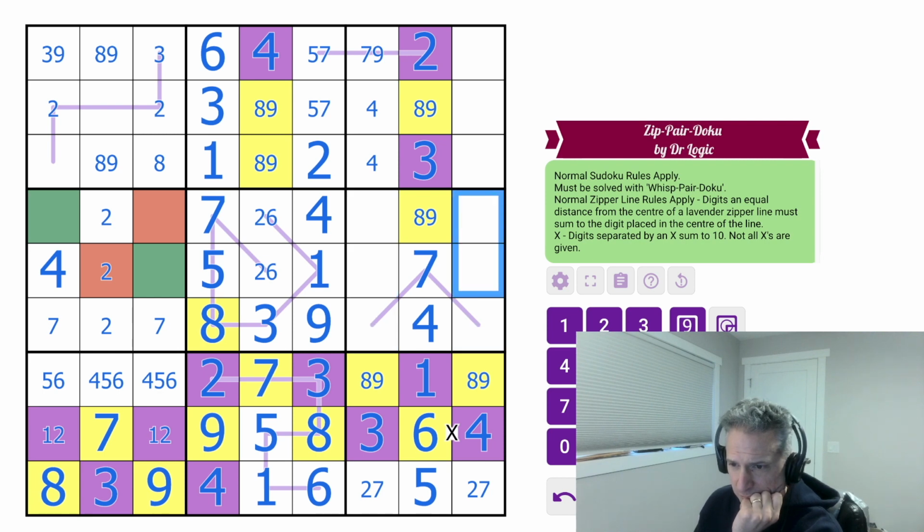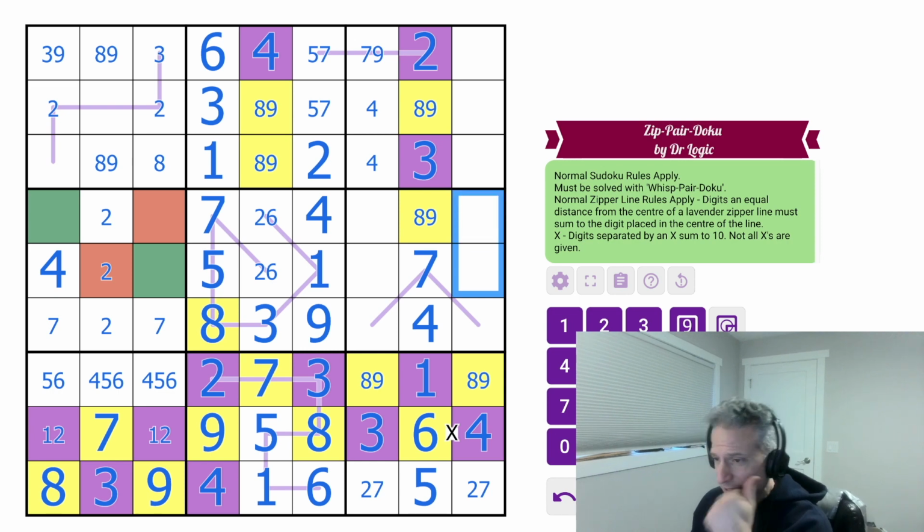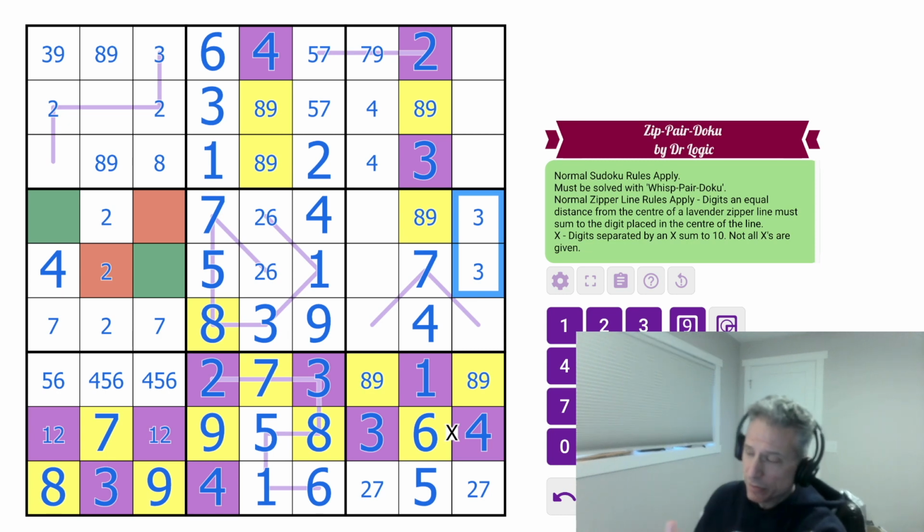I have another small thing for you. It's not big. Box 6, 3 goes in cell 3 or 6. So we know cell 3 is from the set 3 or 6, so it has to go in the right-hand column because of Sudoku, but I can eliminate it from cell 9.